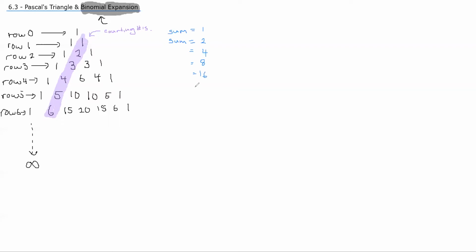And by now, you might recognize some of these numbers. 1, 6, 16, 26, 31, 32. And 1, 7, 22, 42, 52, 57, 63, 64. Do these numbers look familiar? These are exponents with base 2.